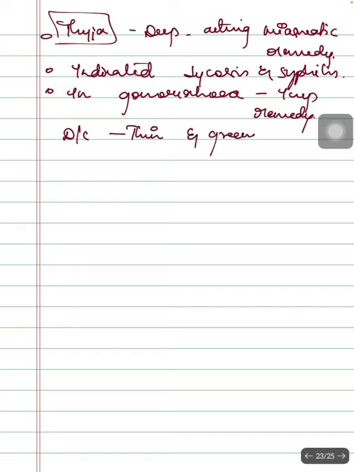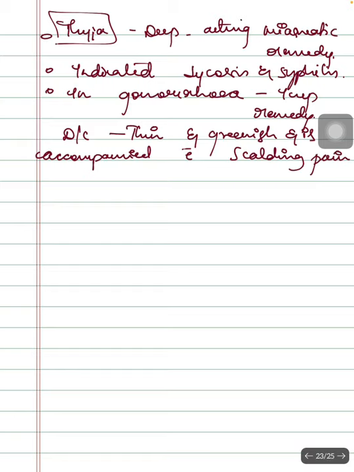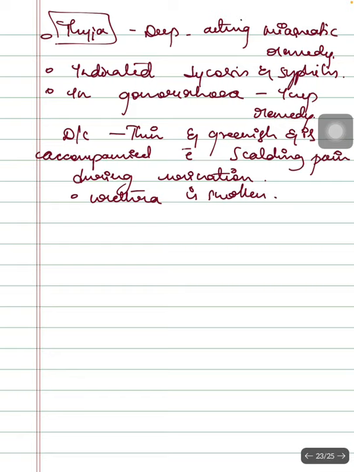The gonorrhea discharge here is thin and greenish and is accompanied with scalding pain during urination. The urethra is swollen, as a result of which there is a retention of a few drops of urine which ooze out and soil his clothes some time after urination is finished. So whenever there is a maltreated or suppressed gonorrhea, then you can think of Thuja occidentalis.